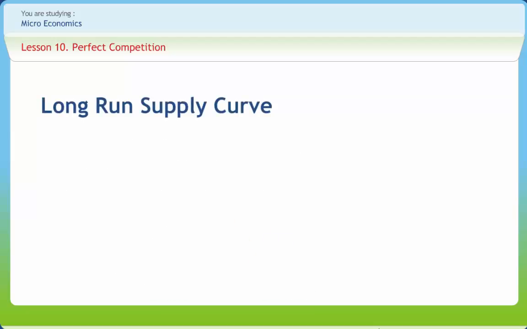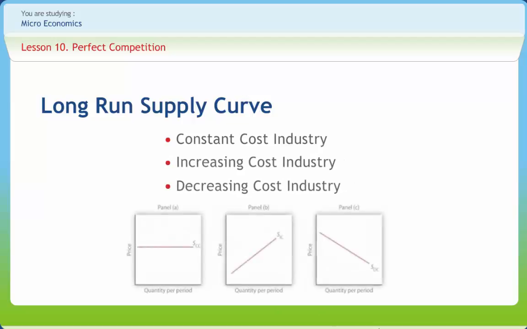After this discussion comes the long-run supply curve. Here, it has to be remembered that the economic profits in a system of perfectly competitive markets will, in the long run, be driven to zero in all industries. The long-run analysis of perfect competition can be understood under three heads: constant cost industry, increasing cost industry, and decreasing cost industry.